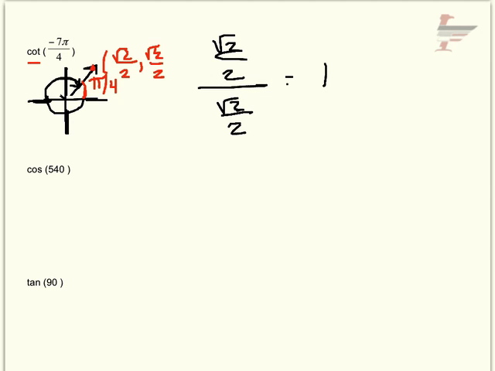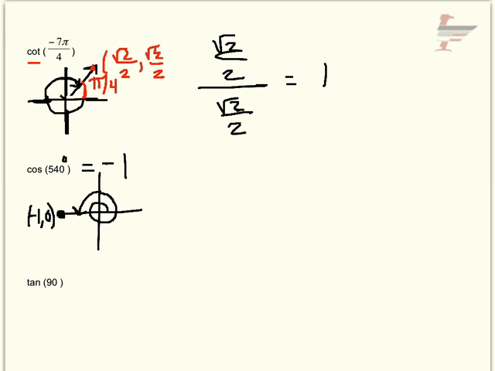Cosine of 540, I'm sorry, there should be degrees here. Excuse me. So let's see, 540. Well, I'm going to go around to 360, then I go another 90, and then I go another 90, and that's 540 degrees. So do I know the coordinate point here? I definitely should. That is -1, 0. And cosine is the x value, so that's going to be -1.